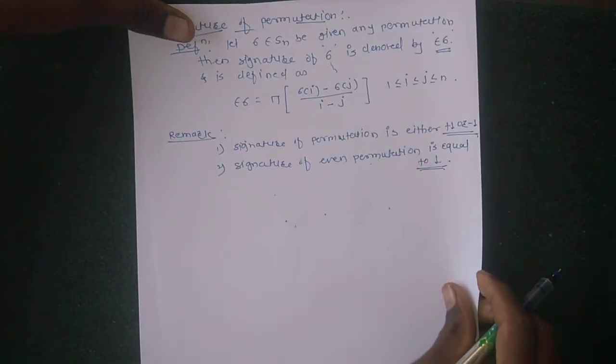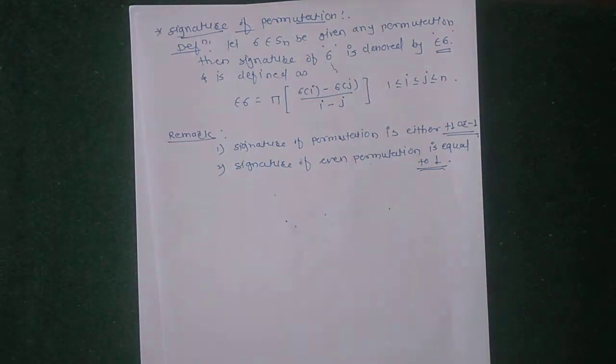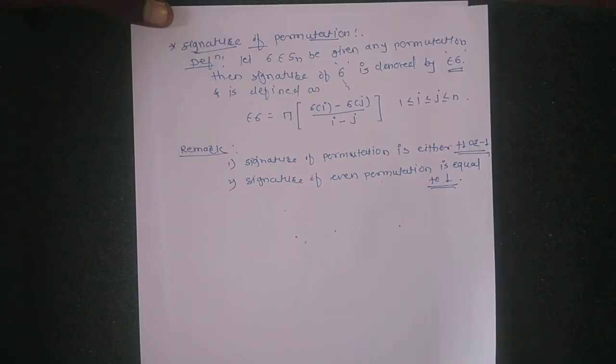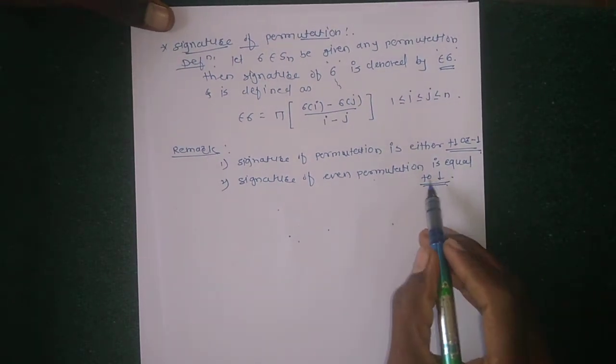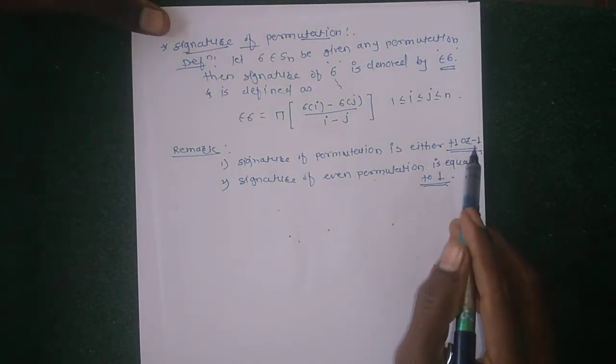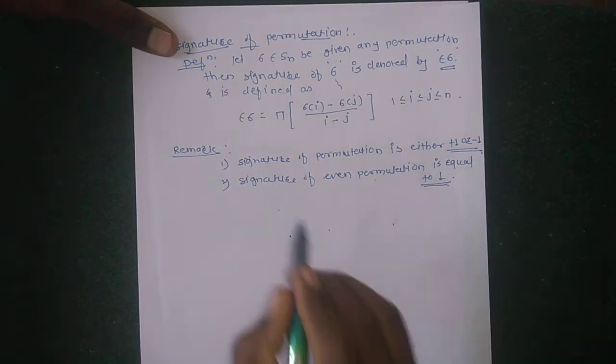If the question asks whether a given permutation is even or odd, then find its signature. If the signature equals 1, then the given permutation is an even permutation. If the signature is not equal to 1, which means it is -1, then the permutation is odd.